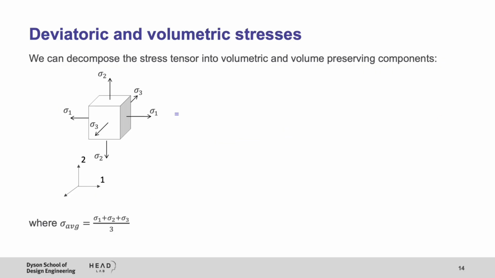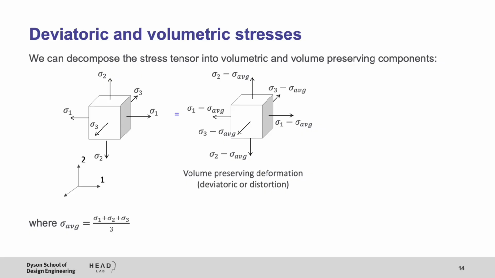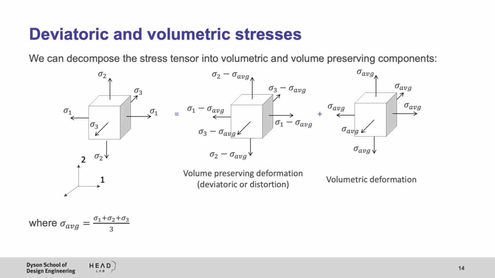Another concept is introduced here. We can decompose the stress tensor into the volumetric and volume preserving components. This set of stresses does not produce any change in the volume of the element. They can only distort the element's shape.